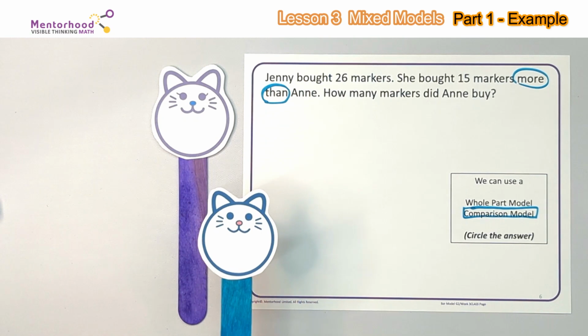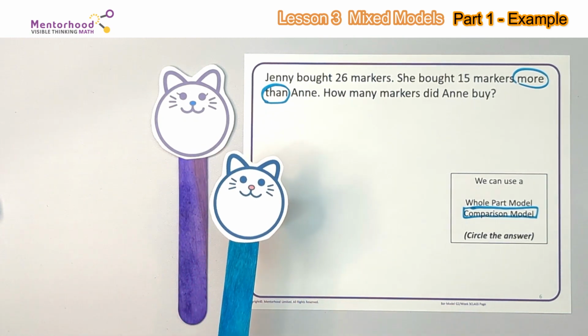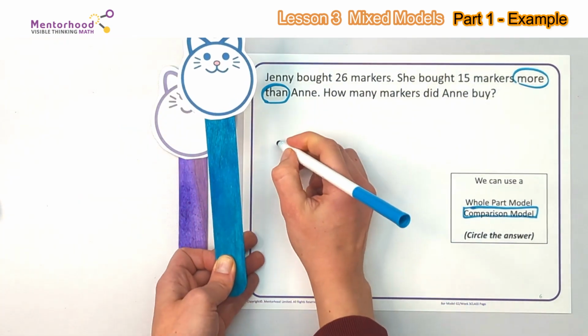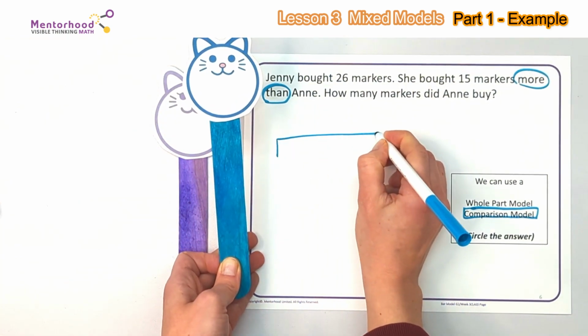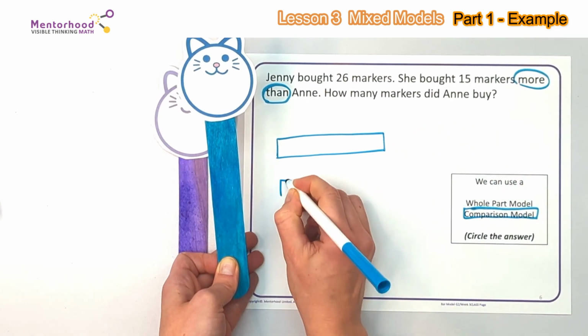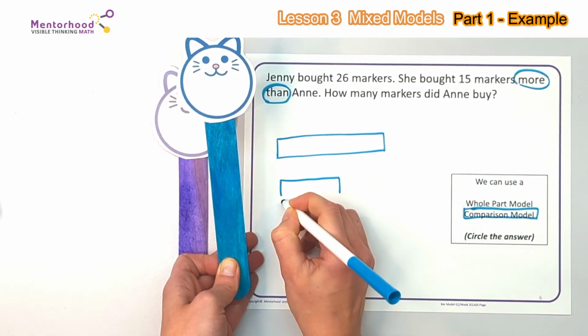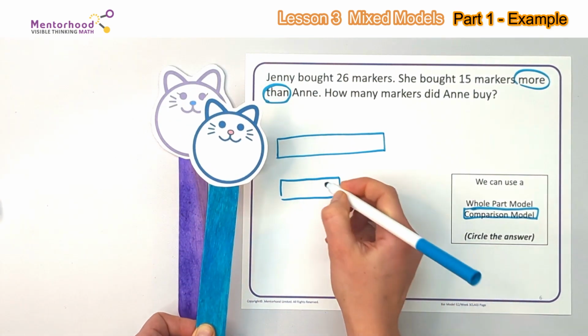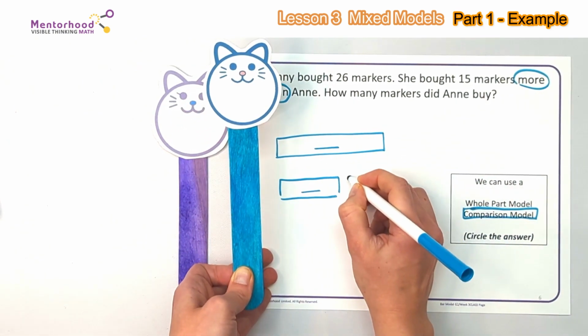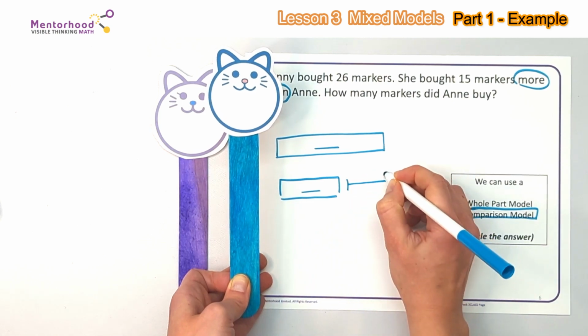So let's draw our bigger box and our smaller box for our comparison model. There's going to be a number here, and a number for the difference, right here.